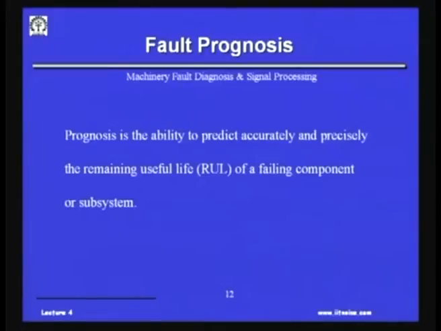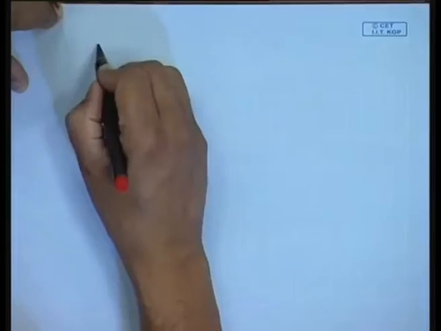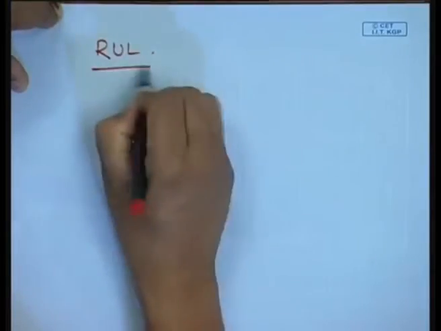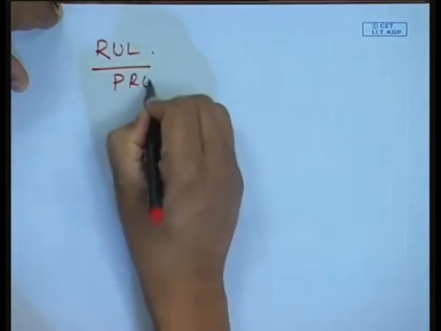Now once we have an idea regarding fault detection, fault diagnostics, fault isolation, identification, and once we have understood our system, the most important parameter is the RUL, and what is actually known as fault prognostics.